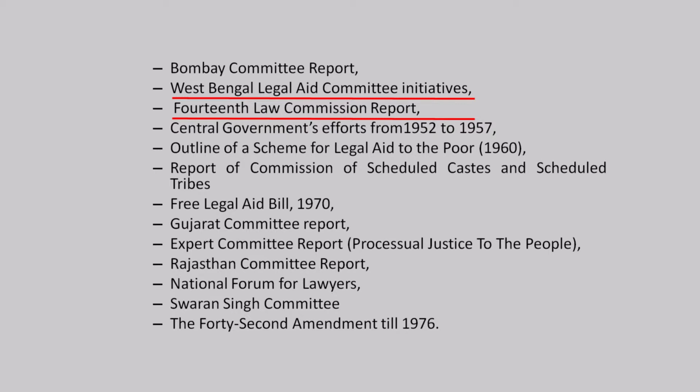Then there are many other reports from different states, which ultimately led to a constitutional amendment in 1976. The 42nd Amendment made it a directive principle of state policy to provide free legal aid as an obligation on the part of the state.